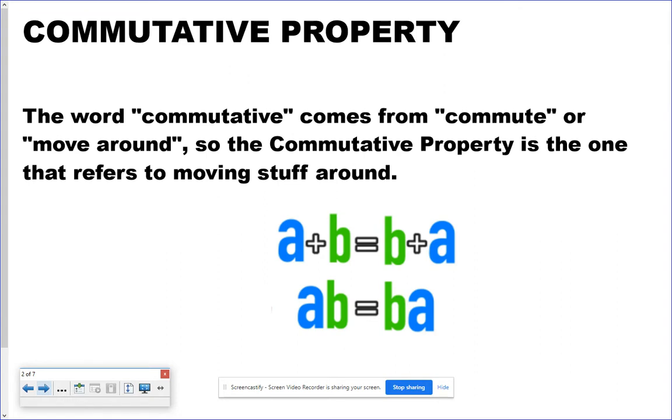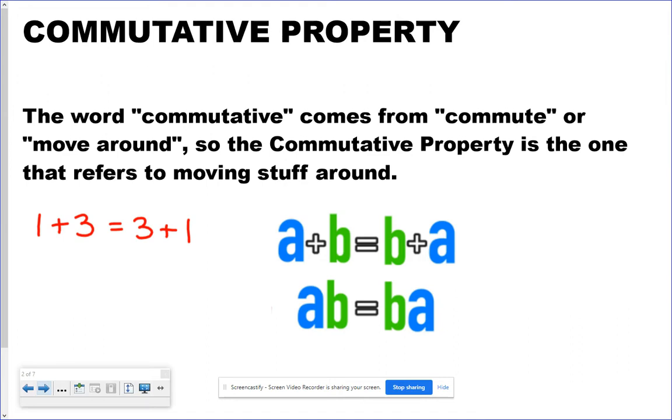When we know that 2 numbers, if we flip them around and add them, it's the same thing. Okay, so for example, using numbers, let's say we have 1 plus 3. That's the exact same thing as saying 3 plus 1. We get 4 both ways. We call that the commutative property of addition.